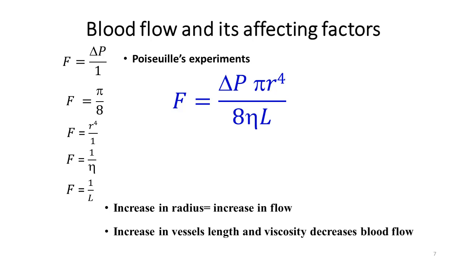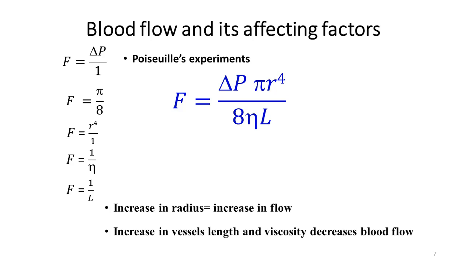We need flow, so we should increase the flow, but we may not work on pressure. Why? Because pressure has a great impact on the heart, and if we want to increase the pressure, the heart should work a lot, and the activity of the heart should be increased, and this is not a good idea.